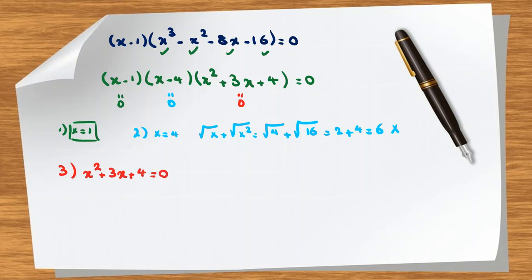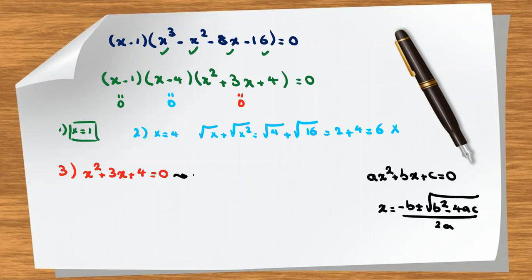For solving this, if we know the quadratic formula, it will be so much easier to solve. Let me write for you the quadratic formula. If we have ax squared plus bx plus c equal to 0, then x equals negative b plus minus square root of b squared minus 4ac, all over 2a.